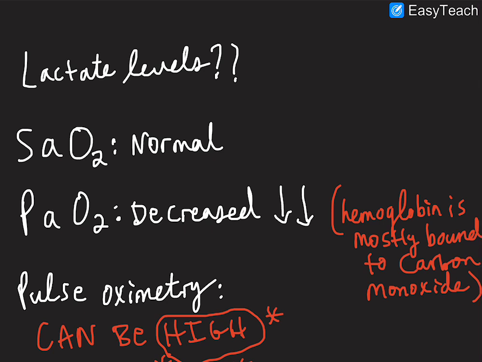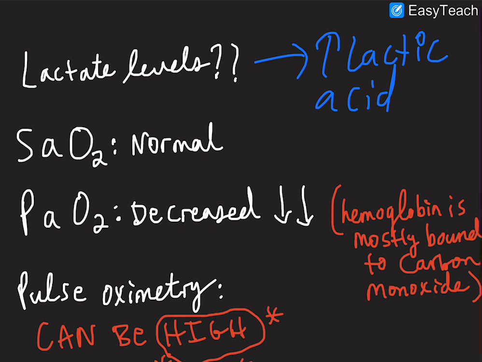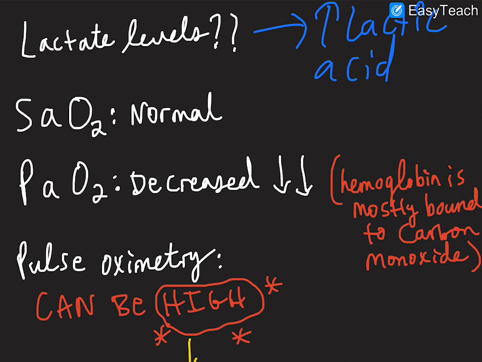And we know that anaerobic respiration leads to an increase in lactic acid. So your lactic acid levels may start to rise. And that's not good, because the more lactic acid builds up in your blood, that will lead to metabolic acidosis.